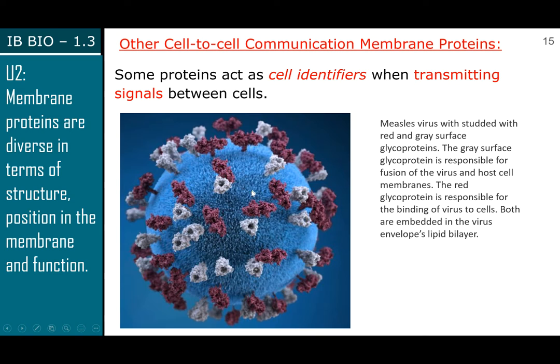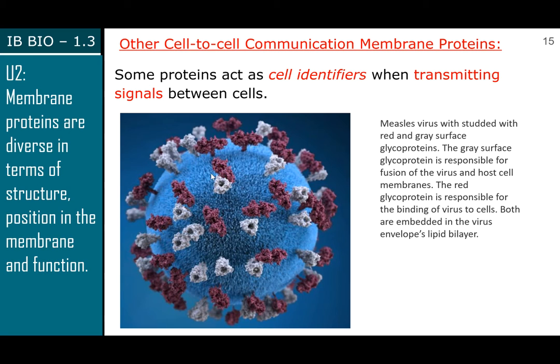So the blue part of this is a cell membrane, right? Well, it's not really a cell membrane because it's a virus, but it mimics a cell membrane. It's a virus envelope. It's basically the same thing. We have these red and gray surface proteins. They're glycoproteins. The gray ones, I believe, are responsible for fusion, so holding on, so cell adhesion. They're the ones that actually link up to your cell, so that the virus can inject its genetic information into your cell.